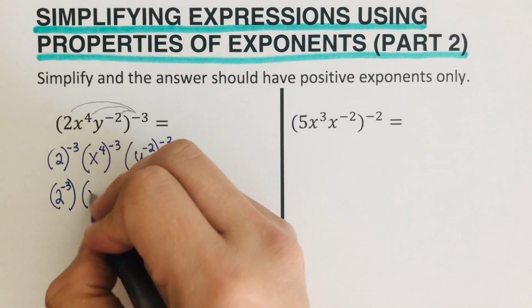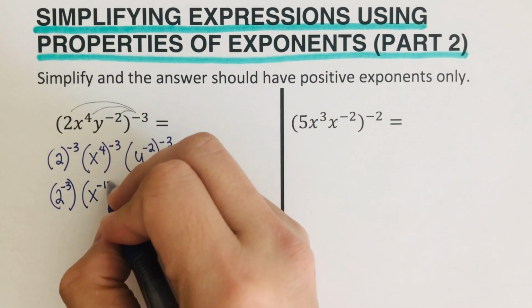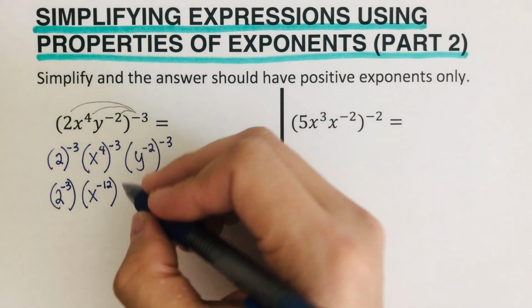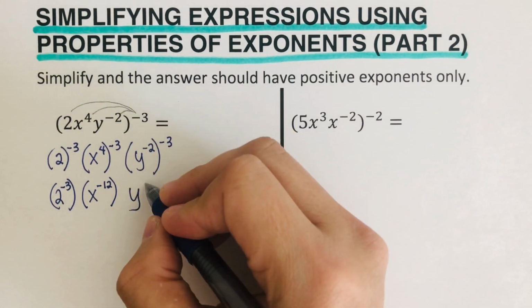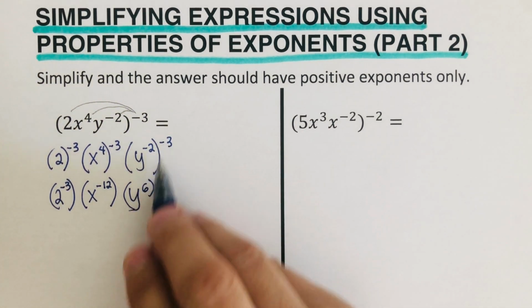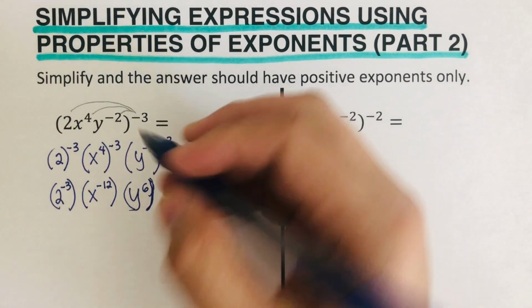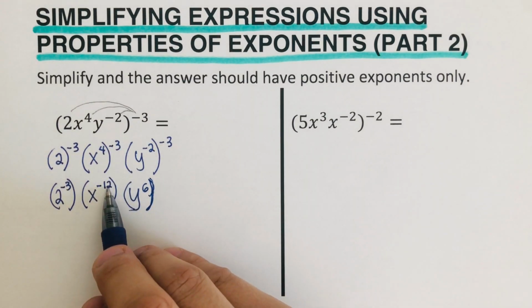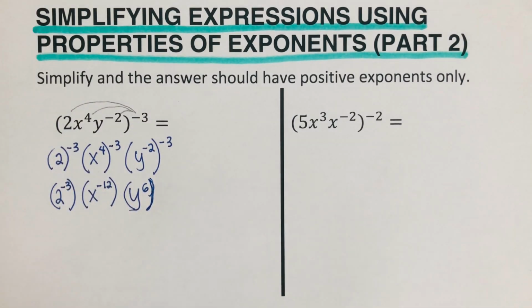This is x to the power -12, and this is y to the power +6, because -2 times -3 is a +6. And then 4 times -3 is -12, and 1 times -3 is a -3.